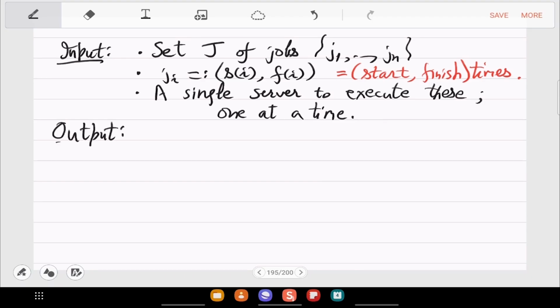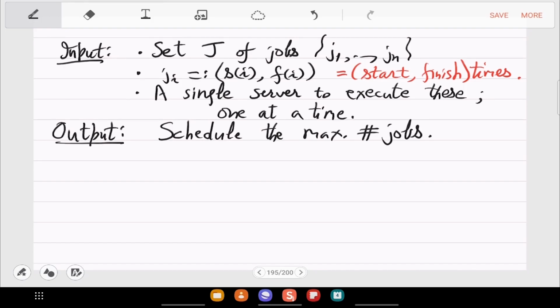In the output, we want a schedule which covers the maximum number of jobs. Is this clear?